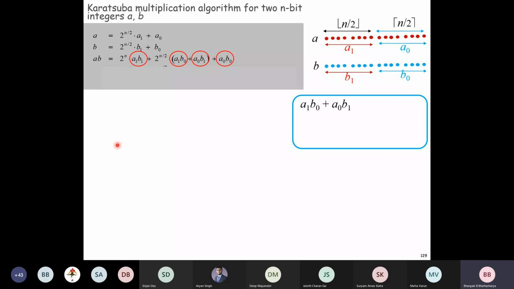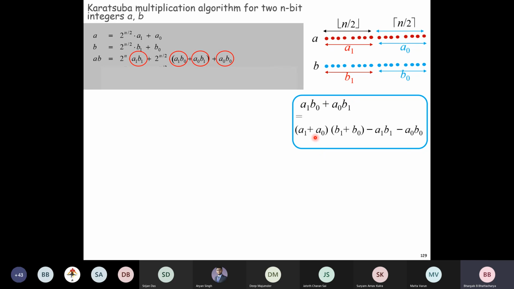What he did is the following. Look at this product term, A1 B0 plus A0 B1, okay? You can write it this way, right? These two are algebraically equivalent. If you just expand, this extra term would cancel out, and this will reduce to the original term.